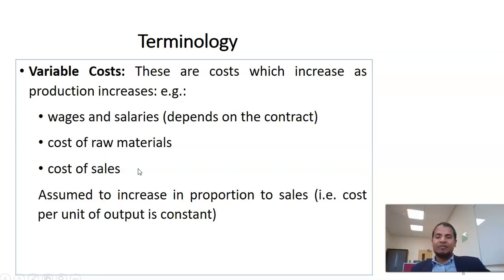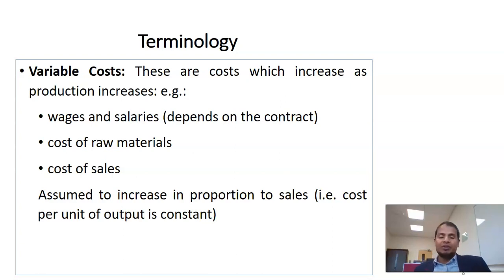So if activity increases, if you want to produce more units, then what will happen? Your cost will increase. And in case of per unit, the cost for one particular unit will remain unchanged. It's obviously for a particular period of time for which you determine the cost.